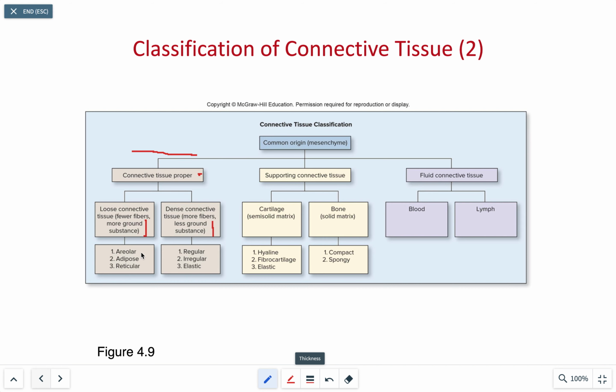In the loose connective tissue, we have the areolar connective tissue, then the adipose connective tissue, and finally the reticular. Then we'll move forward into the dense connective tissues: the regular dense connective tissue, irregular dense connective tissue, and finally the elastic connective tissue.